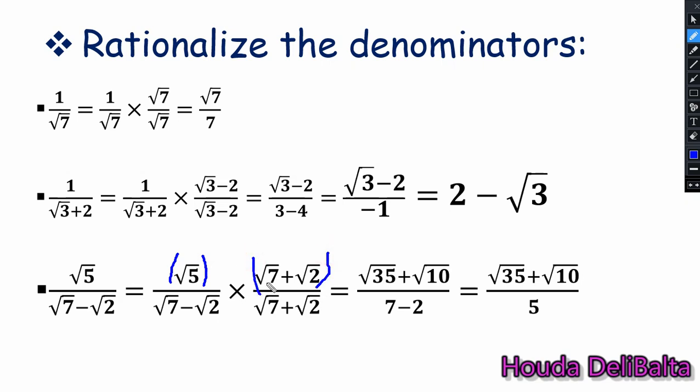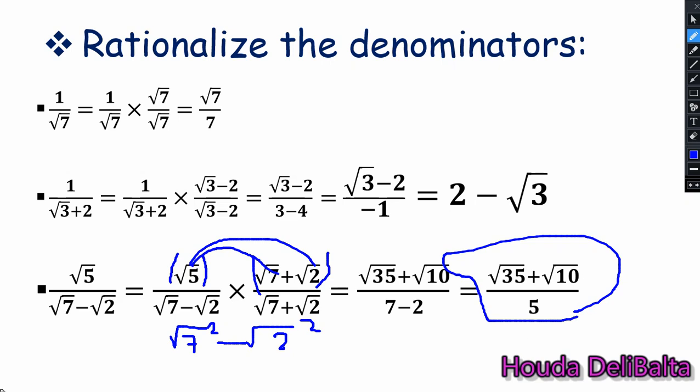Radical 5 times radical 7 is radical 35. Radical 5 times radical 2 is radical 10. And as I told you before, for radical 7 minus radical 2 times radical 7 plus radical 2, all I have to do is squaring of the first minus squaring of the second, and I get 7 minus 2, which is 5, and I keep it like this.